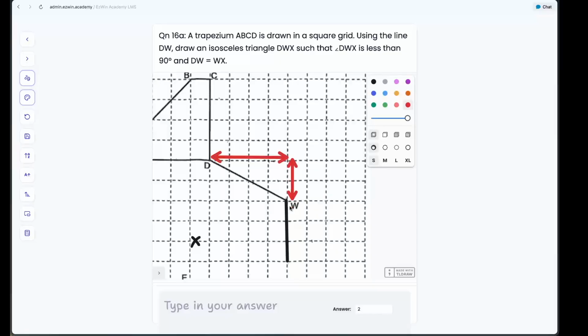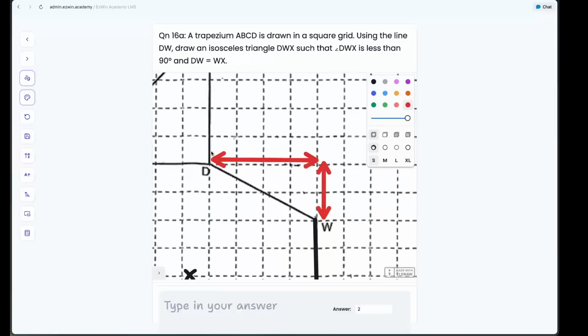So across, you have to create a right angle triangle. So you have to count, right? You have 1, 2, 3, and 4. So that means this is 4 lines across. That's what you see over here. So 4 lines across. And then from here, when you point down to W, this means it's 2 lines below.